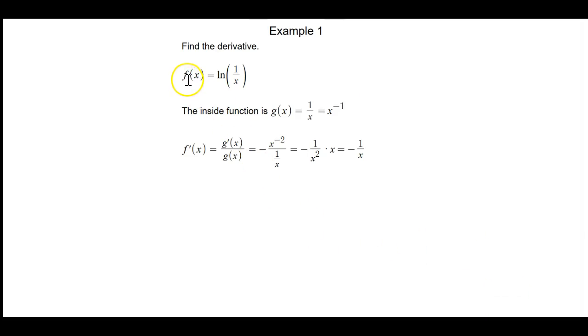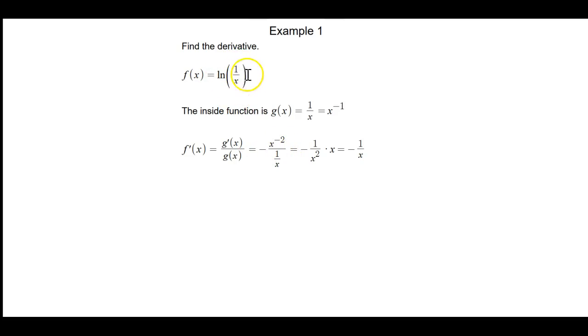So let's look at this example. I have the function ln of 1 over x. So my inside function g of x is 1 over x, and my outside function is the ln of u. So let's look at the derivative of the inside function. It's the power function of x to the minus first. I find the derivative is minus x to the minus second. So that's the derivative of the inside, times the derivative of the outside, evaluated at the inside function.